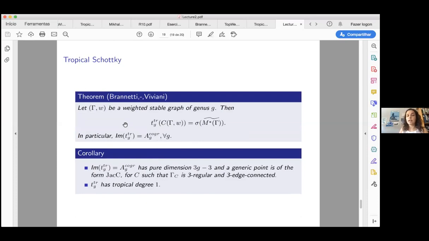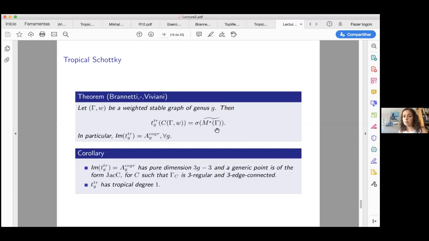We showed that if you consider a cell inside the moduli space of tropical curves, meaning for each combinatorial type of a tropical curve of genus g, you consider the image via the Torelli map, then the image of this cell is the cone associated to the simplification of the cographic matroid associated to gamma.